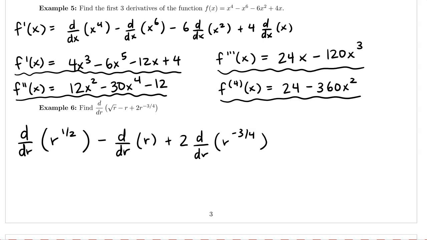Okay, so let's go through each of these and take the derivative by using the power rule. 1/2 minus 1 is going to give us negative 1/2. Our next derivative is 1, and then we have plus 2 times, if I bring the power down, that's negative 3/4 times r, and then negative 3/4 minus 1 should be negative 7/4. And the only thing is we can simplify 2 times negative 3/4.